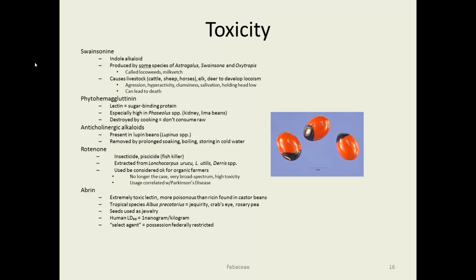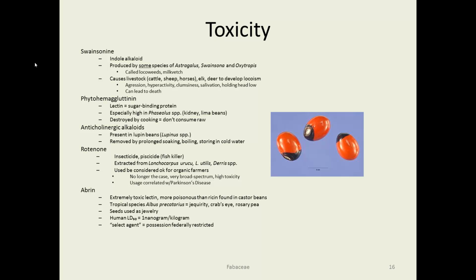Phaseolus, like your kidney beans and lima beans, can be pretty bad for you if you eat them not completely cooked. That's because there is a lectin in them called phytohemagglutinin that will cause some pretty severe stomach upsets if you don't have it completely destroyed by the time you consume them.